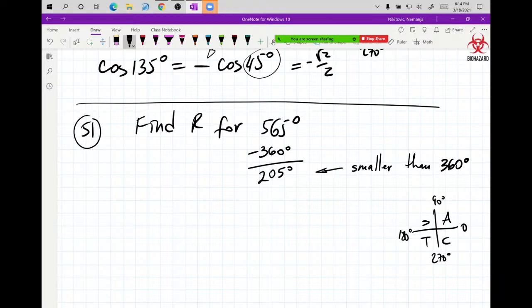So when I'm looking at which quadrant this is in, again, is it more than 90? Yes. More than 180? Yes. More than 270? No. Aha. So it has to be in Q3. So we figured out that this is in Q3.